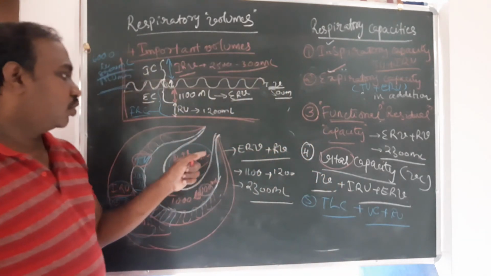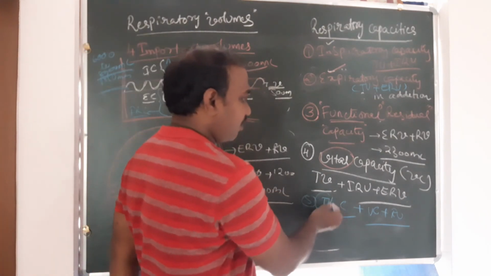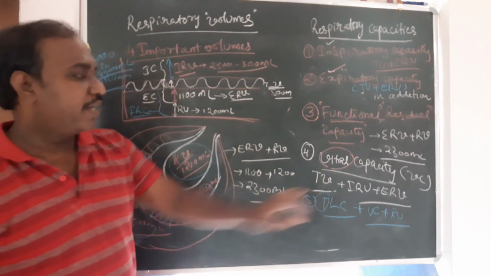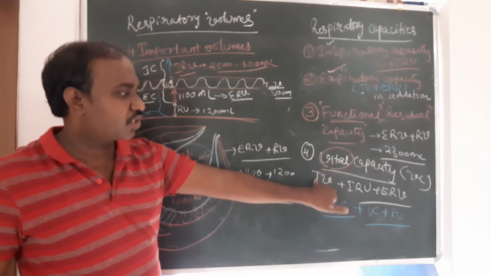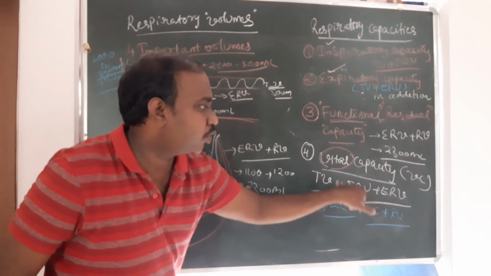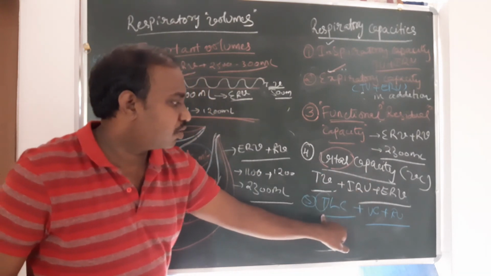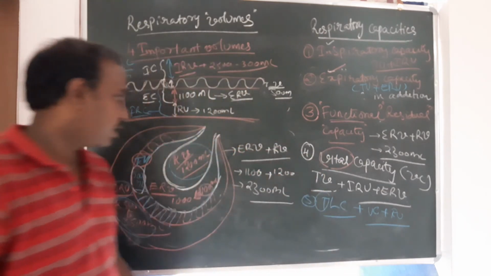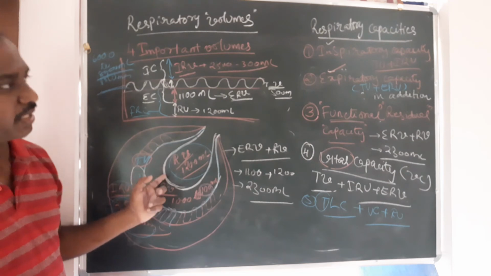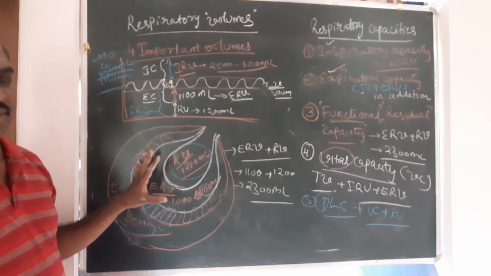Since RV is still present in the lungs, we are calling it total lung capacity. What is the difference here? The difference is in terms of the function of the lungs. These three are associated with the functional capacity of the lungs, and in total lung capacity, in addition to that, RV is also included because it is present.